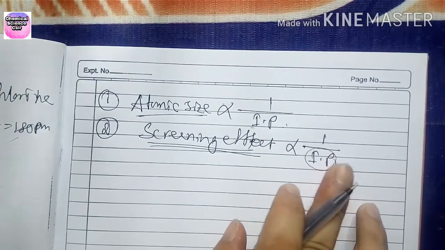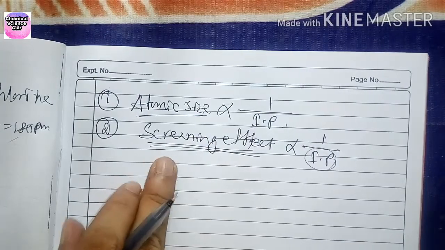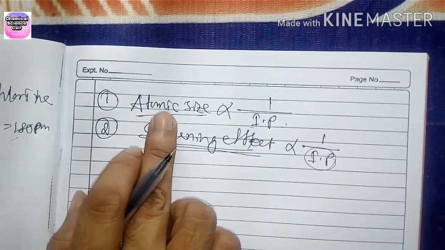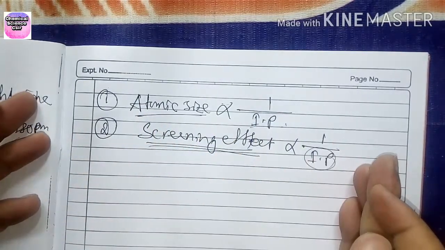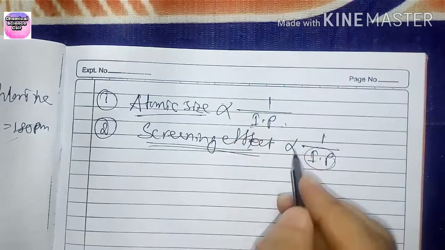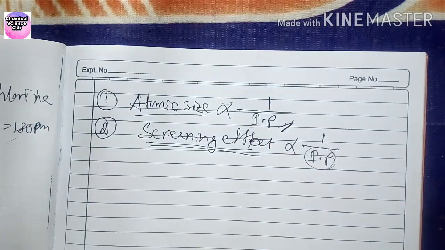If the screening effect is less, then ionization enthalpy is maximum. If atomic size is big, then only less ionization enthalpy is needed, that means less energy is needed.